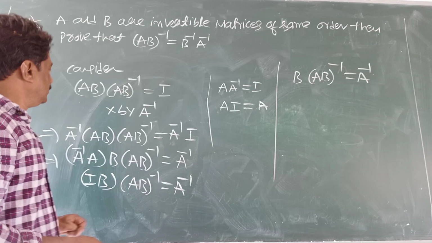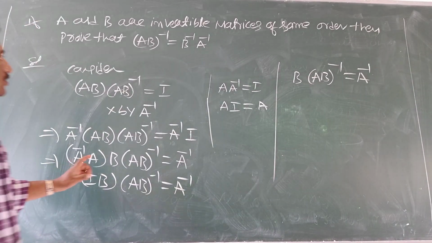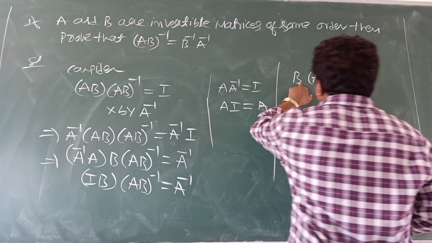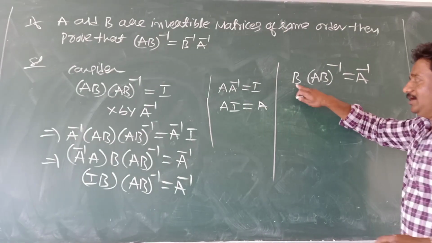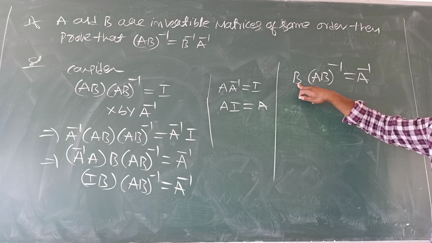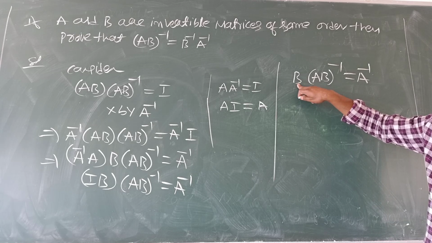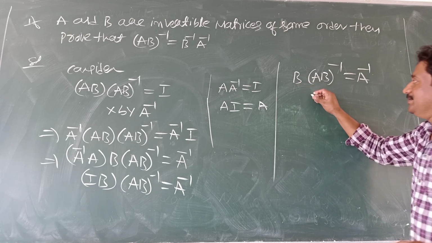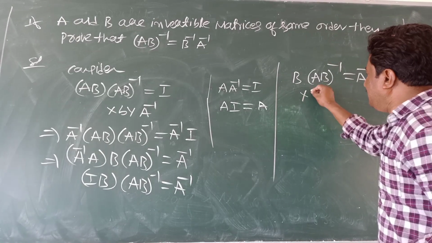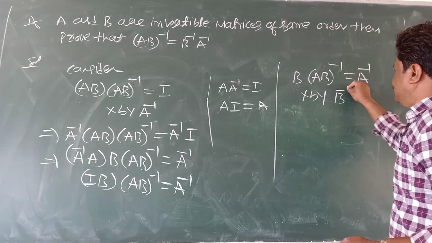Now, so here still we have B. How can you remove this B? You think of how to remove this B. I can easily remove this B if I multiply by B inverse.